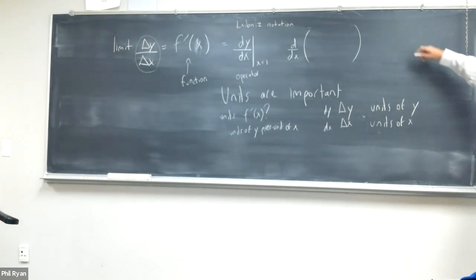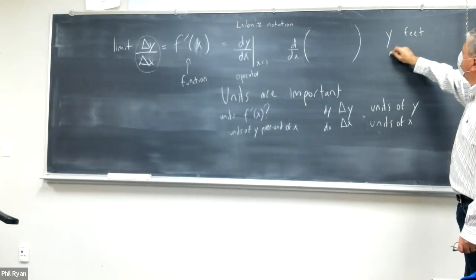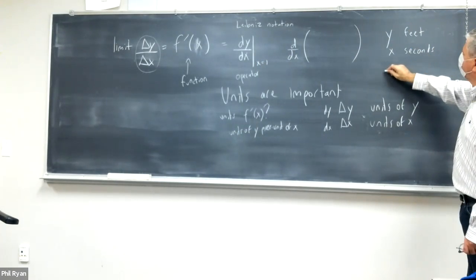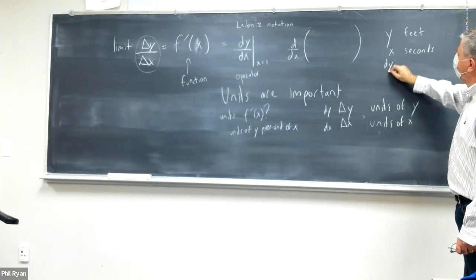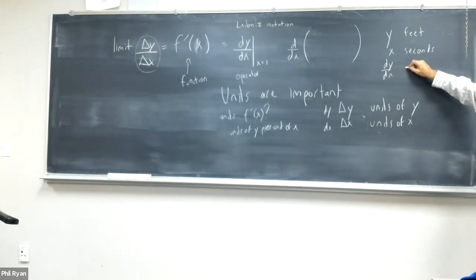Right, so if y is in feet and x is in seconds, then dy dx is in feet per second. So does that make sense?